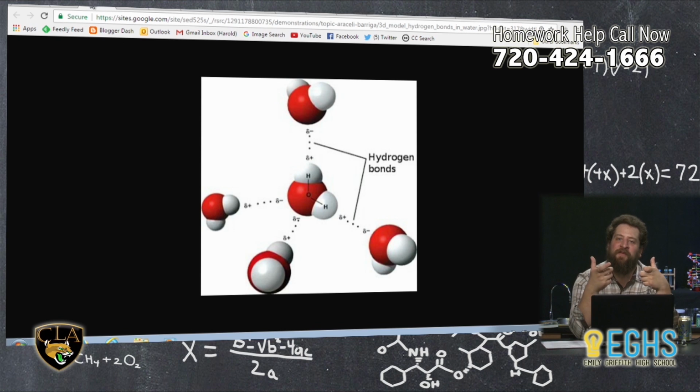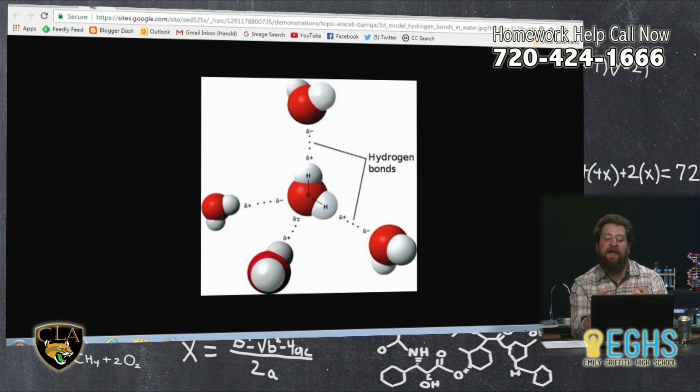This is the reason for their polarity. The hydrogen atoms tend toward one side of the oxygen atom, and they hold more of the positive charge on that side, so you end up with a positive end by the hydrogens and a negative end by the oxygen, and this is what makes water polar.